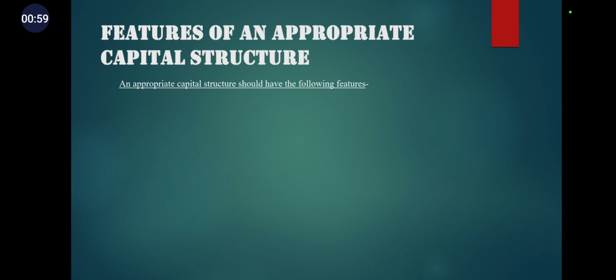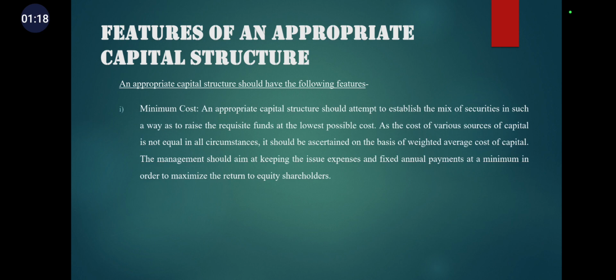At this optimum capital structure, your cost of capital will also be at minimum and your company's market price per share will be at maximum. So the financial manager has to fix the optimum capital structure. Now let's see the features of an appropriate capital structure.